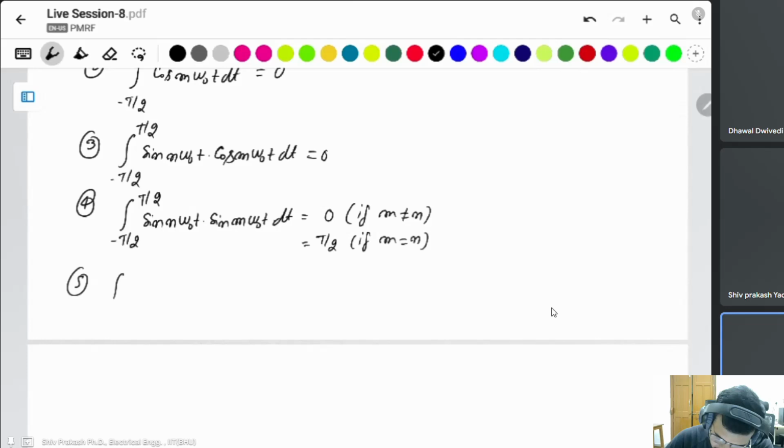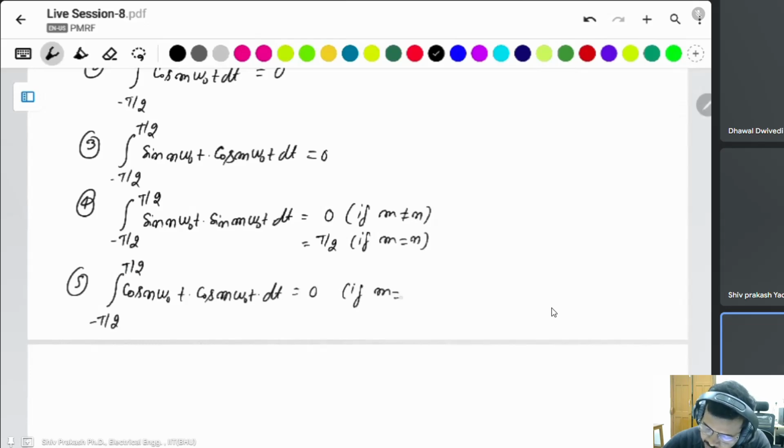Last one, for the cosine signal, integration of minus T by 2 to T by 2 of cos n omega naught t into cos m omega naught t dt. This will be 0 if m is not equal to n, and T by 2 if m is equal to n.